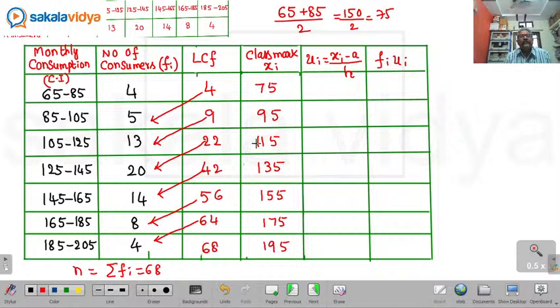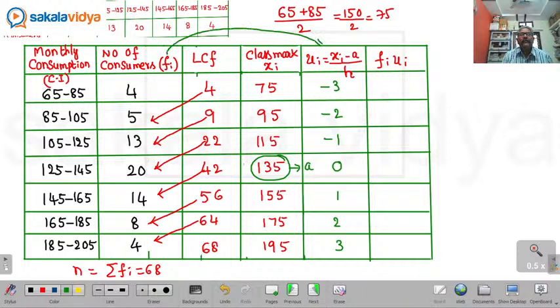Middle one. So the middle one, you need to take this one as the assumed mean, A. Corresponding to this, you will write 0, here 1, 2, 3, minus 1, minus 2, minus 3. So what do we need to do now?